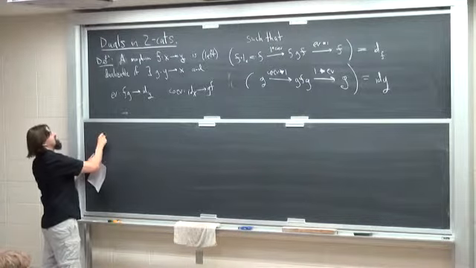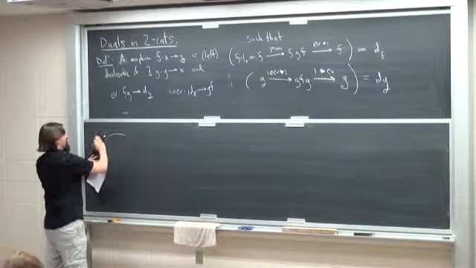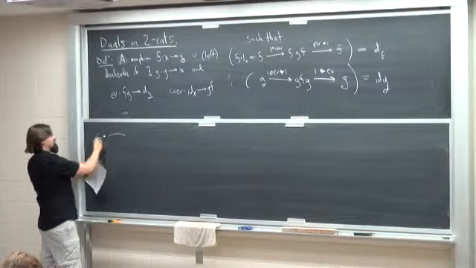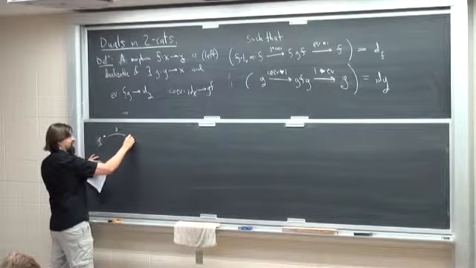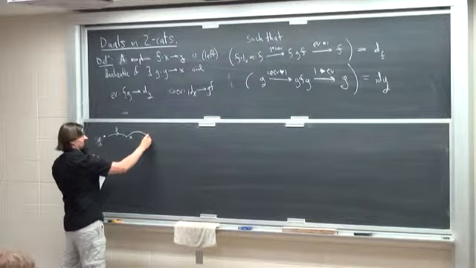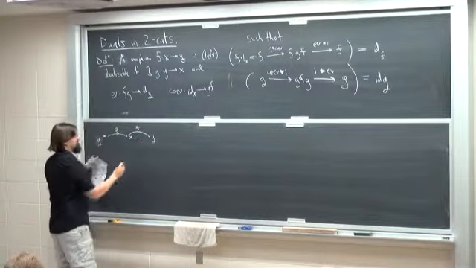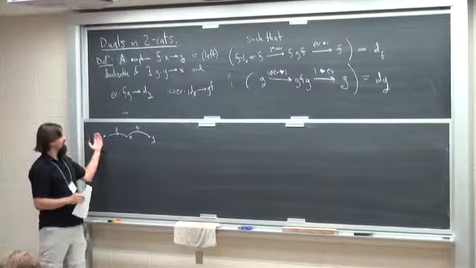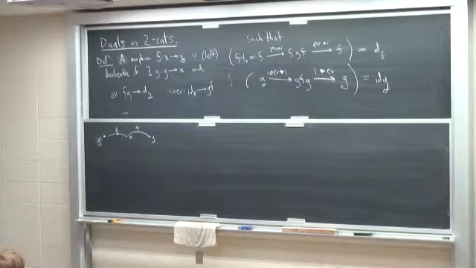So we have some object X, and we have an object Y. And for example, we can apply the morphism G, which goes from Y to X.